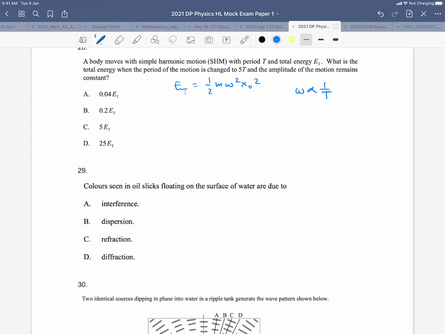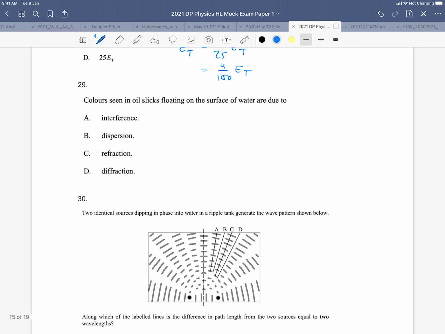So if we make the period 5 times longer, then omega is going to be 5 times smaller, 1/5 of the previous omega. And we can see in the total energy that we have omega squared, so the total energy is going to be 25 times smaller than the previous total energy, and 1 over 25 is 0.04. So A is the right answer.